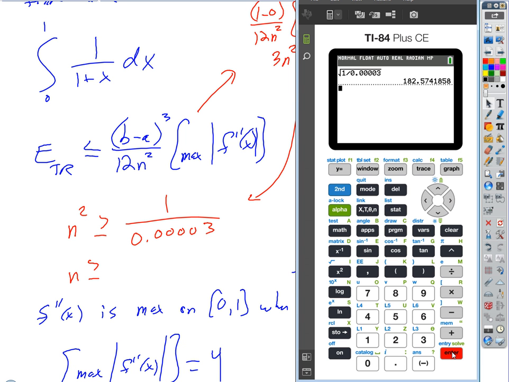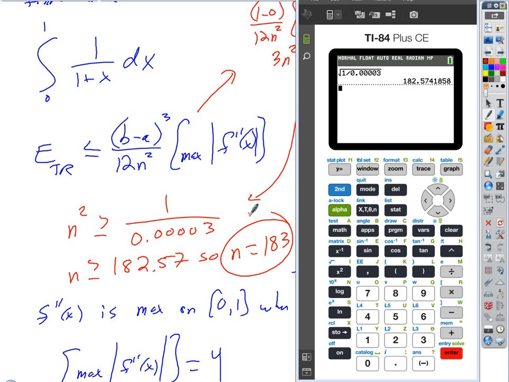That's what n has to be greater than. So what's n equal? Greater than 182. So what's it going to be? Oh, 183. 183 would be the smallest value we could pick, right?